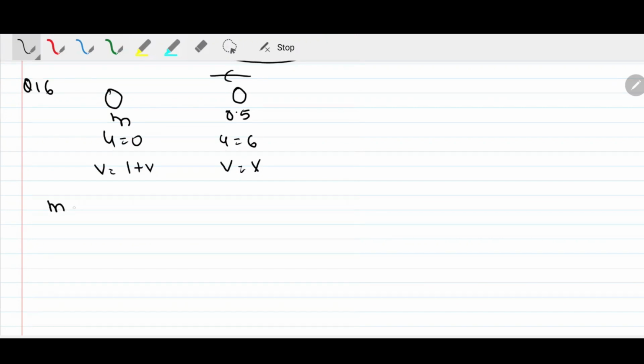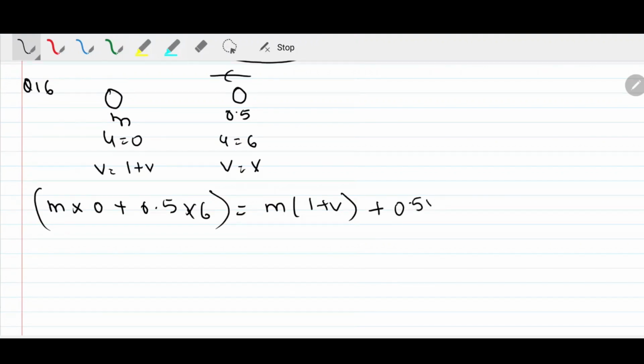So m into 0 plus 0.5 into 6 is equal to m into 1 plus v plus 0.5 v.